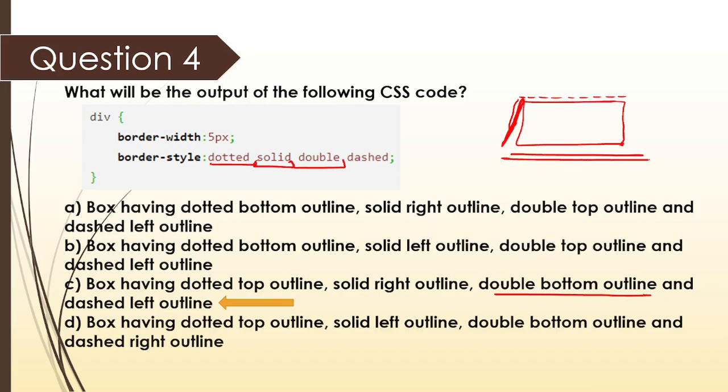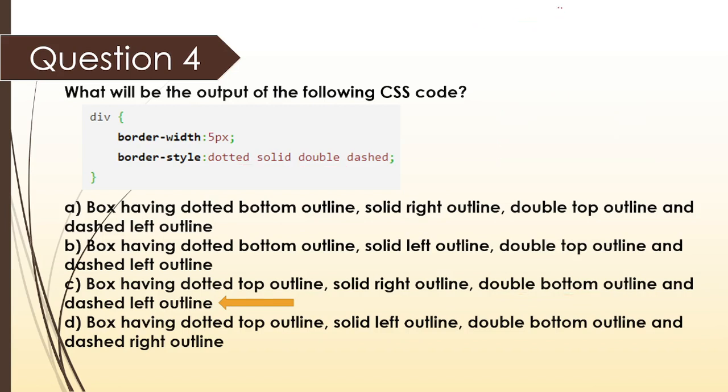So 1 and 2, and dashed, the left outline. In simple terms, it will create a box where the upper line is dotted. Let me just draw it.